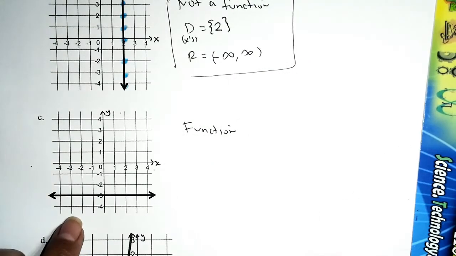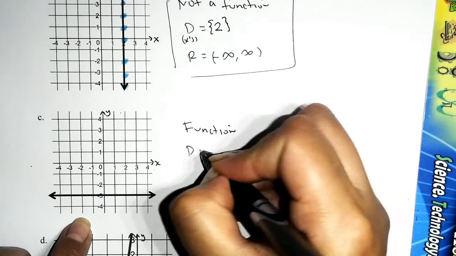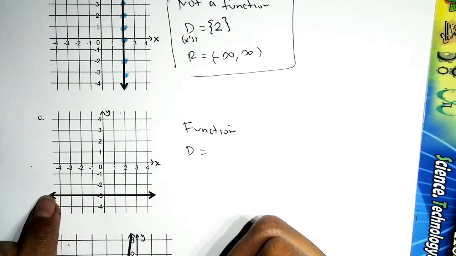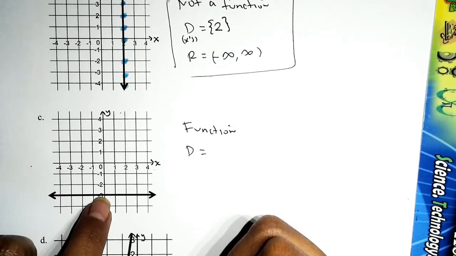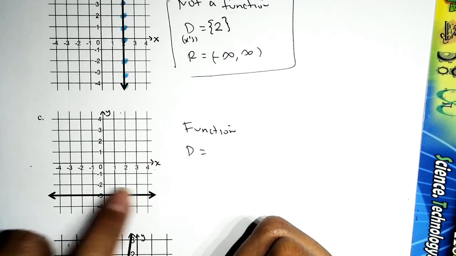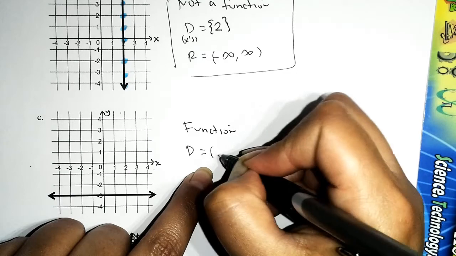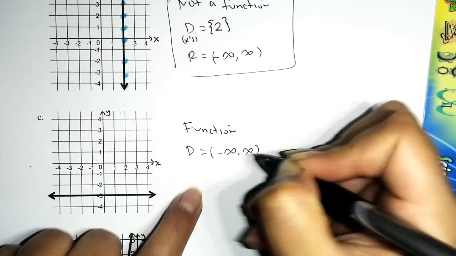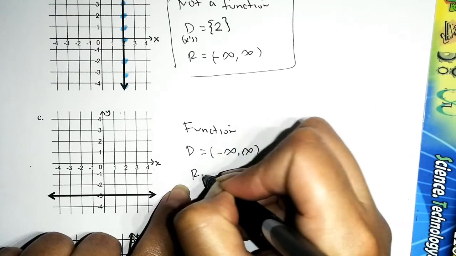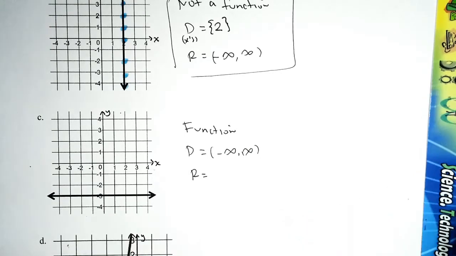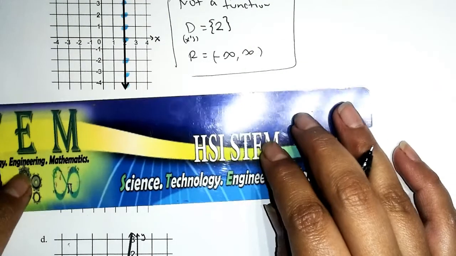Now the domain, so the x, is the set of all x values. So we are grabbing all the negative x's, and all the positive x's. So in interval notation, it's going to be from negative to positive infinity. And then the range: what's the lowest value of y? Negative 3.